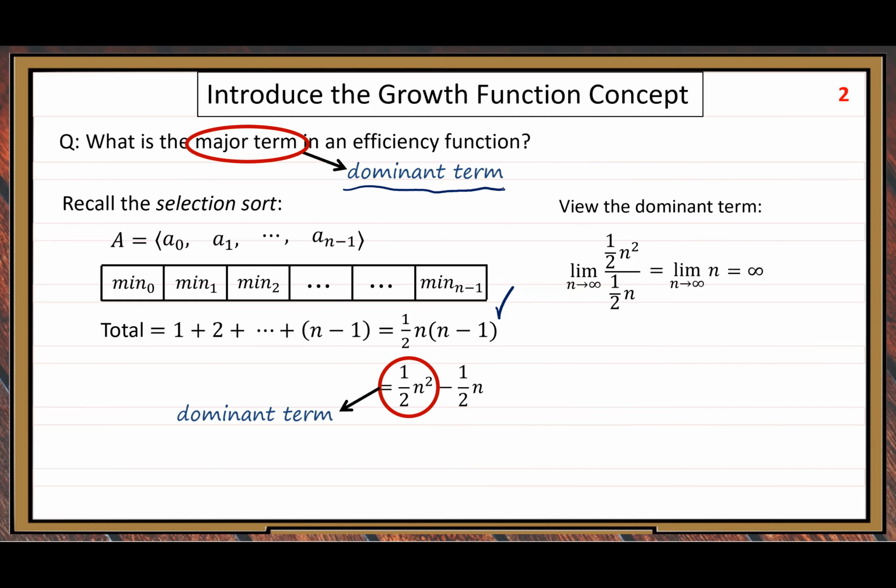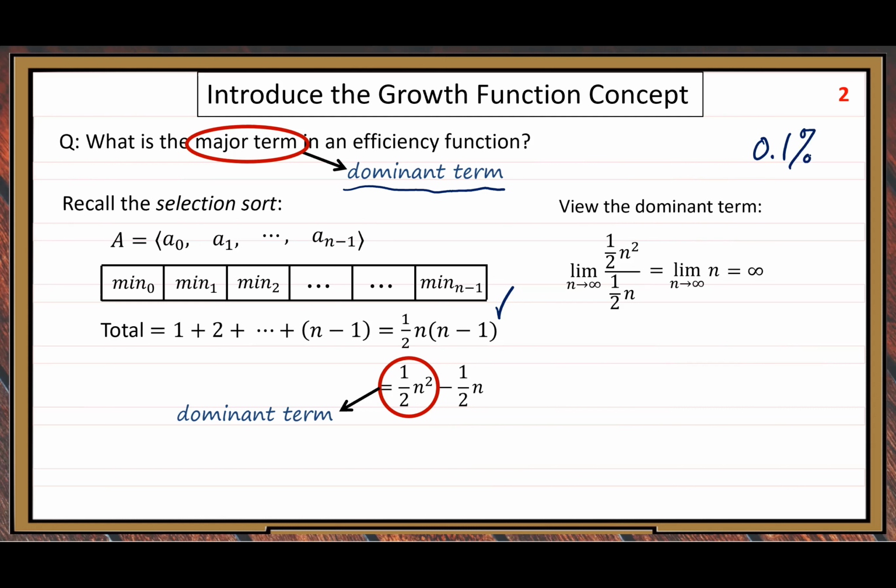Now think about it. Let us go back to our last lecture. At the end of the last lecture, I used a concrete number, 0.1%, to explain the dominance concept.